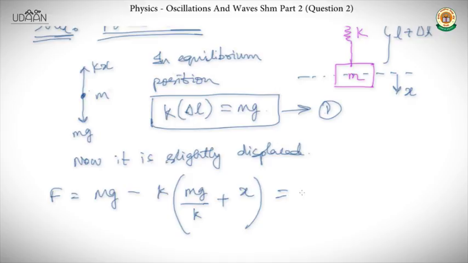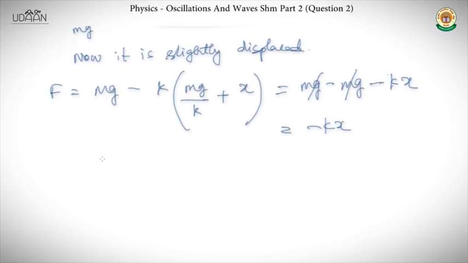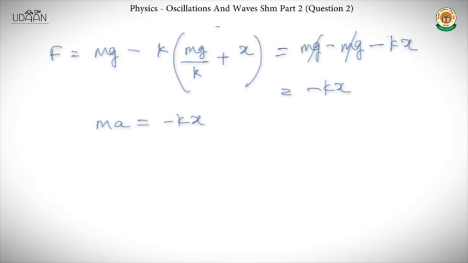So we get mg minus kx. So mg and mg cancel out, from where we get minus kx. So F, which is ma, is minus kx. a is the acceleration of the body, x is the linear displacement as I have shown in the figure. So a is equal to minus k by m into x.